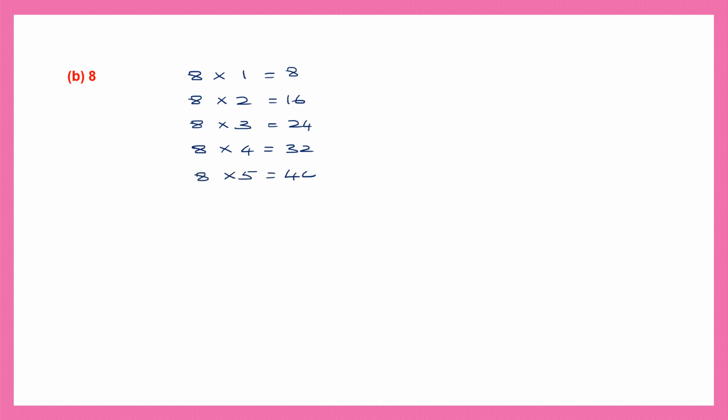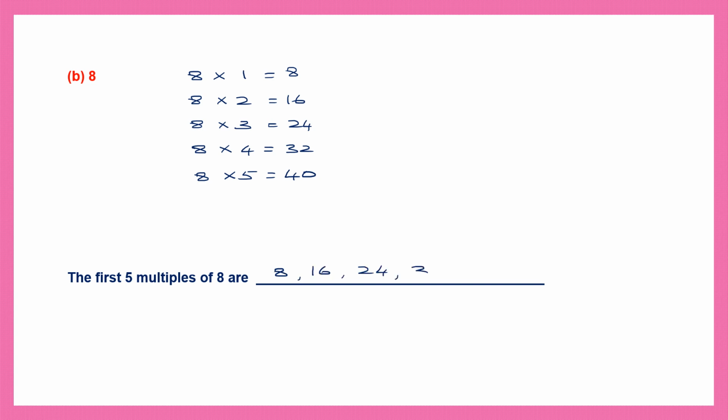So here we have the first 5 multiples of 8. These are the multiples 8, 16, 24, 32 and 40. So let's write the answer there. The first 5 multiples of 8 are 8, 16, 24, 32 and 40.